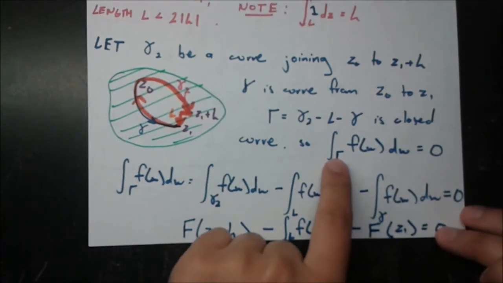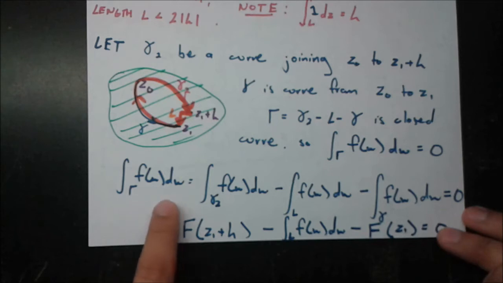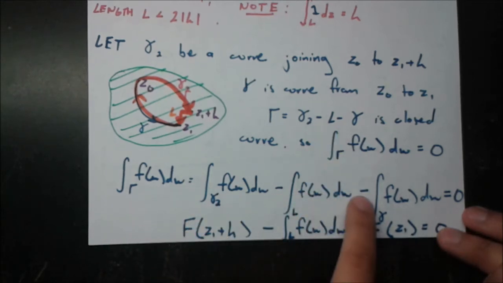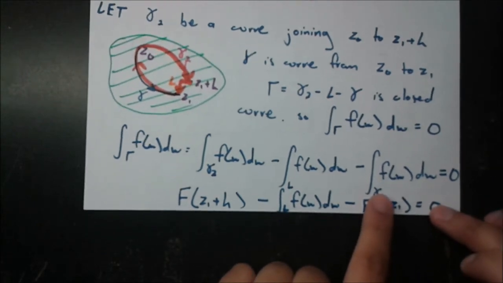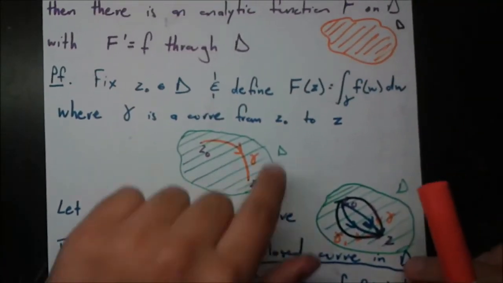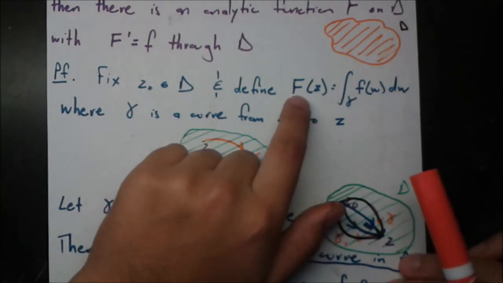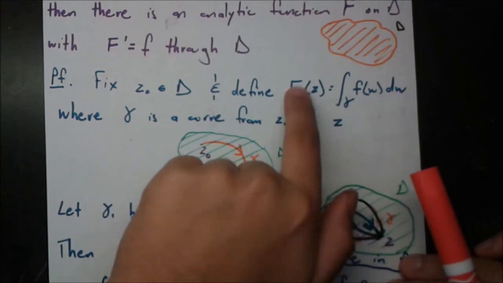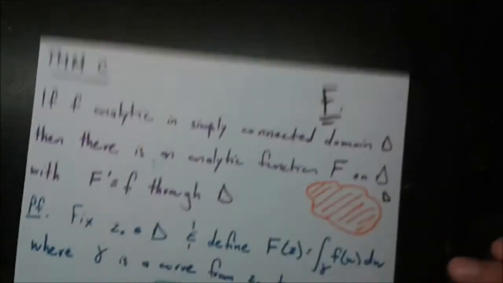And now, again, we can break this up into its components. So it's equal to the integral over gamma 2 minus the integral over L minus the integral over gamma. And then here's the next thing to keep in mind. So the back of the paper said that this function, big F of z, is defined as this integral, where gamma is the curve from z0 to whatever z you put in.